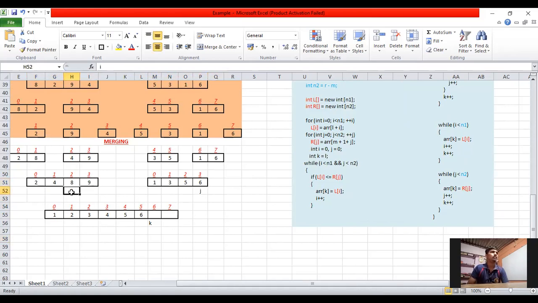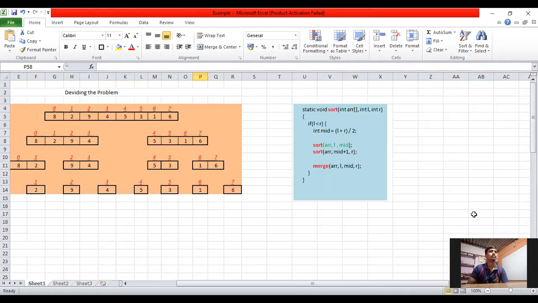So we increment i and place 8 here. Also k plus plus. Also we increment i here. Then we place the 9 here. So at the end we got the sorted array.